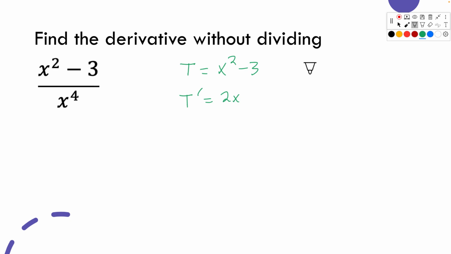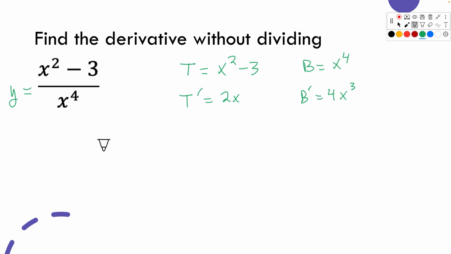And then I now need the bottom. Well, the bottom is just x to the 4th. And so the derivative of the bottom is going to be 4x to the 3rd. So that's all the calculus I've done. Now it's sort of a mix of calculus and algebra. I just need to reassemble it. I'll call this y, right?